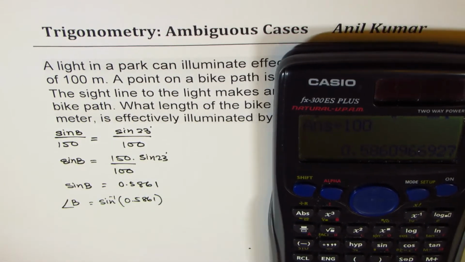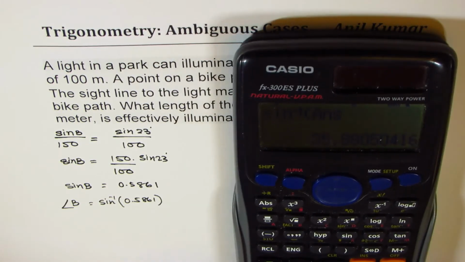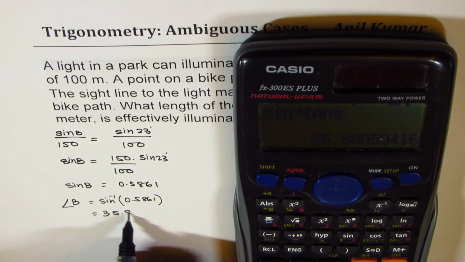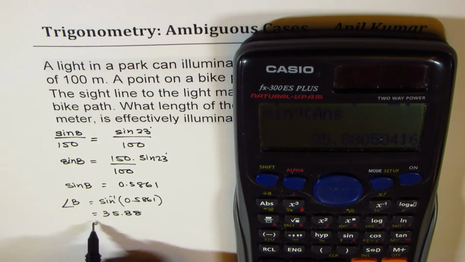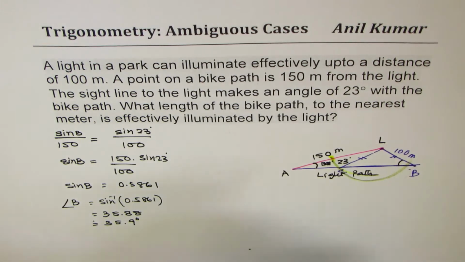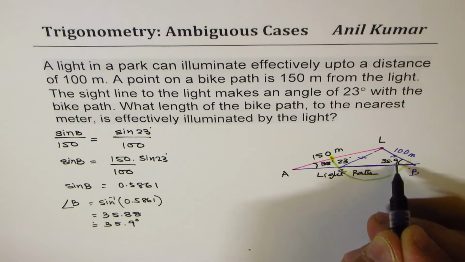Correct? So we'll do shift sine inverse of the answer, which is equal to 35.88. Rounding to one decimal place, we get 35.9 degrees. So angle B is 35.9 degrees.